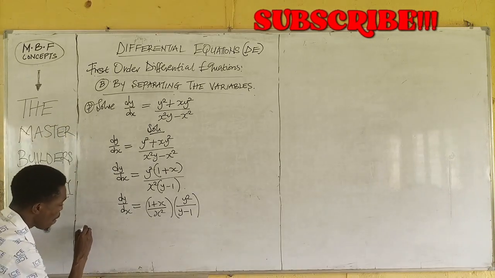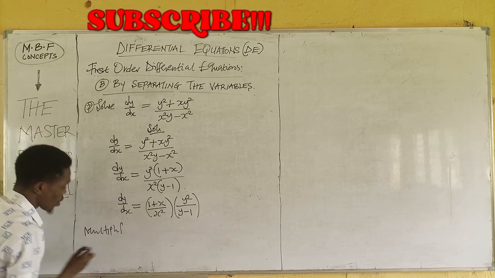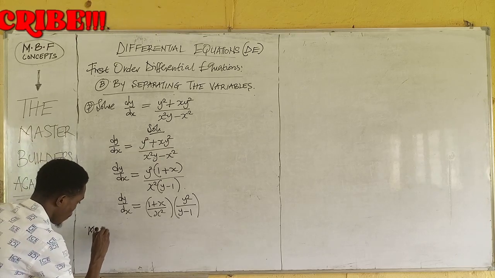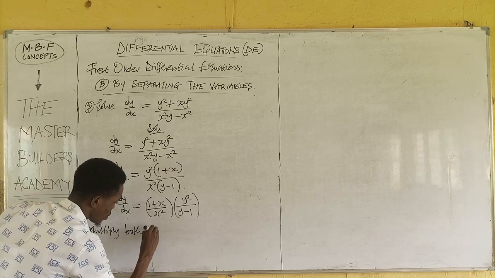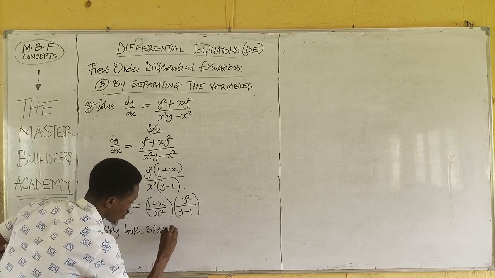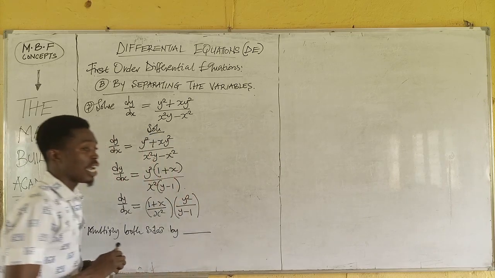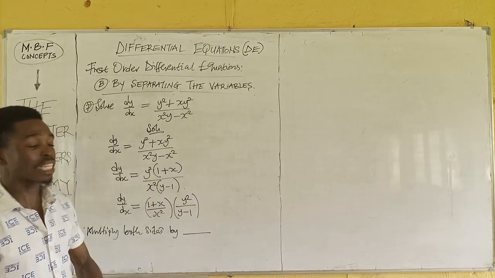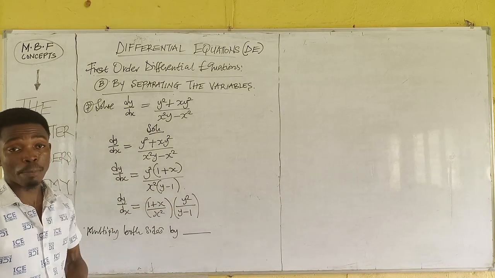We simply say here multiply both sides by a fraction. We want to generate a fraction such that when we use that fraction to multiply this equation, we will be able to separate x from y.